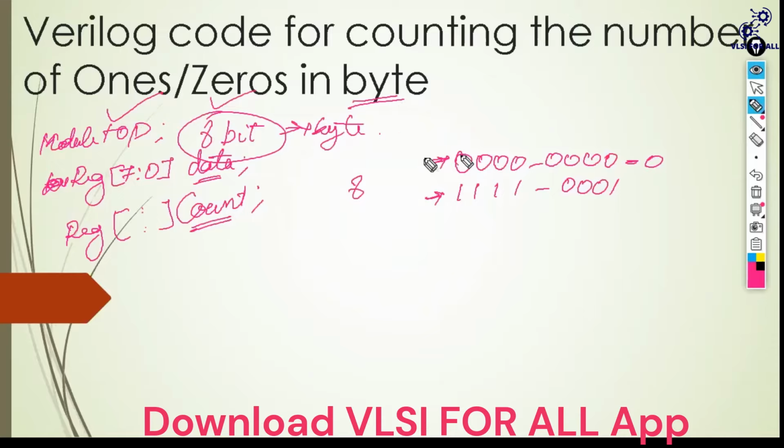So in the 8 bits, maximum how many ones are possible? 8. Yes, 8 ones is possible. Minimum 0, maximum 8. Now to represent 0 to 8, how many bits of variable do I need?